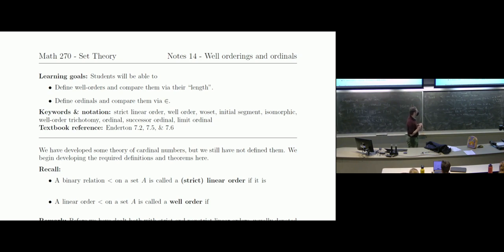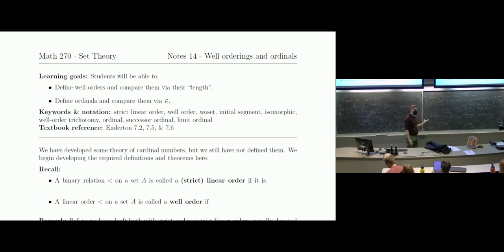Okay, so examples of well orders that we've seen so far are omega itself is well ordered, and each natural number is itself well ordered by the restriction of the less than relation to it. So examples: omega and every n in omega under the element relation, right?